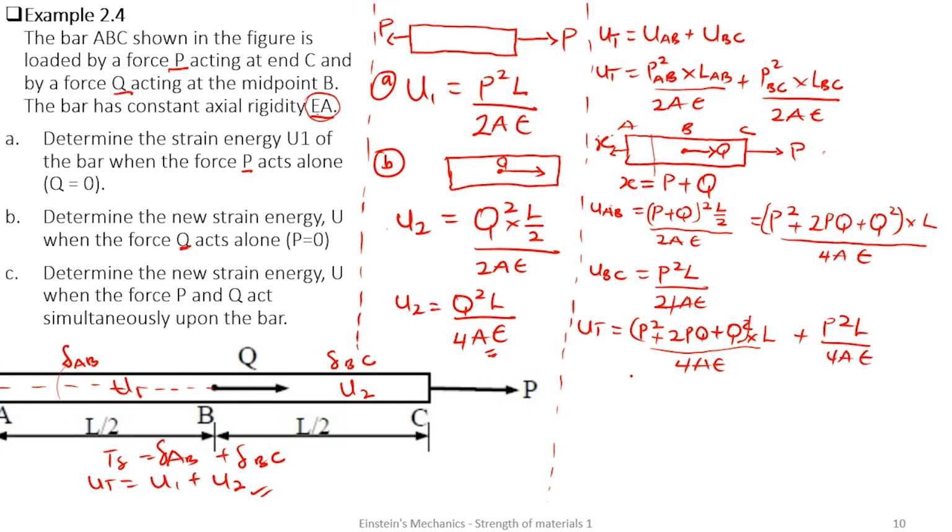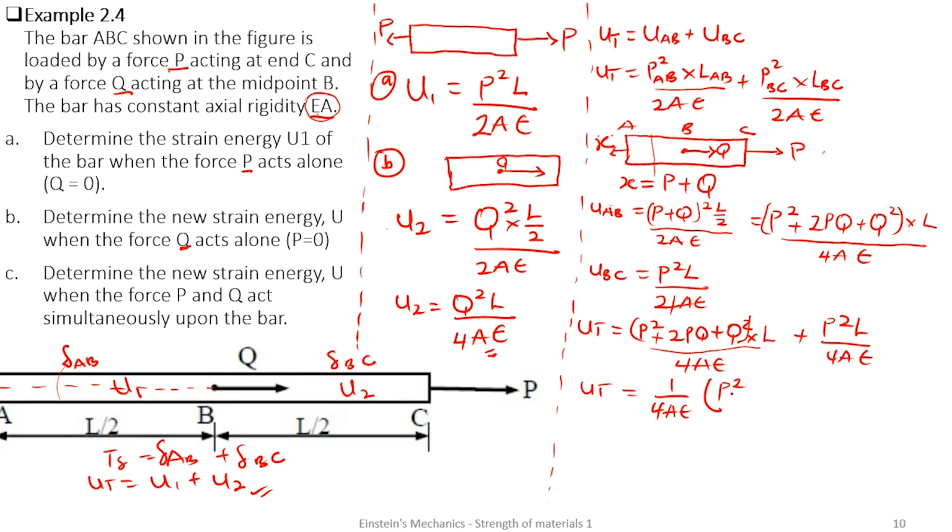Now I can play with this. So U total should be equal to, I can bring 1 over 4AE out, leaving P square.